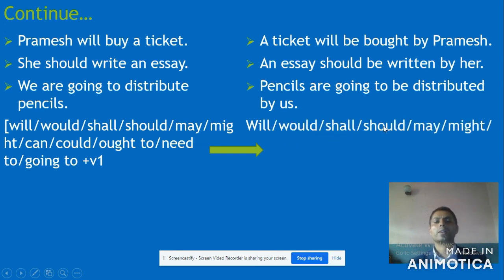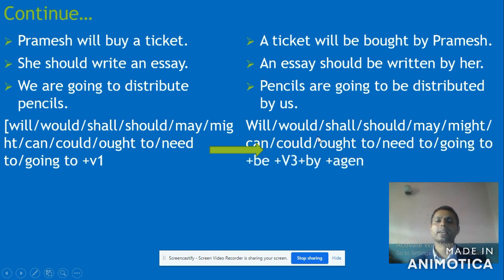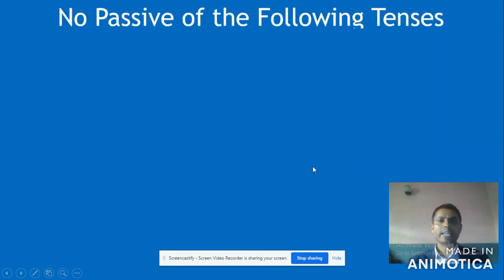Whichever one of these appears will be repeated, and with that plus be plus past participle form plus by plus agent, right? So always follow this structure with sentences having modal verbs, as we have done in the above example sentences, right? My dear students, write them all down in your English copy, practice a lot and do the exercise in your book as well.